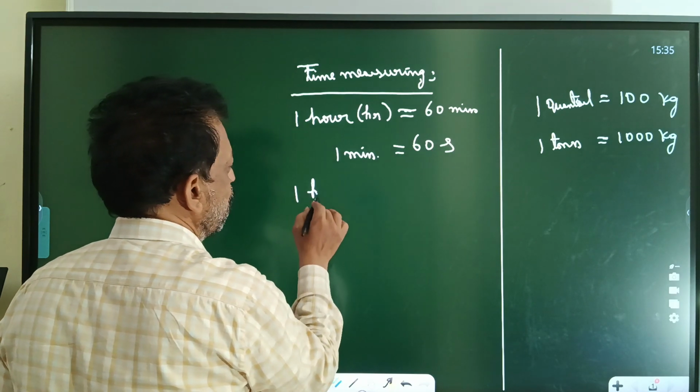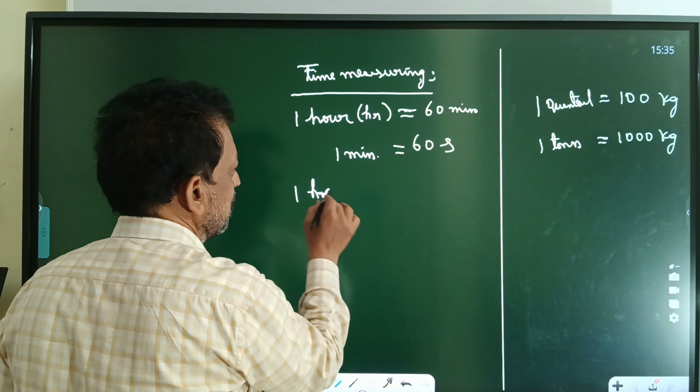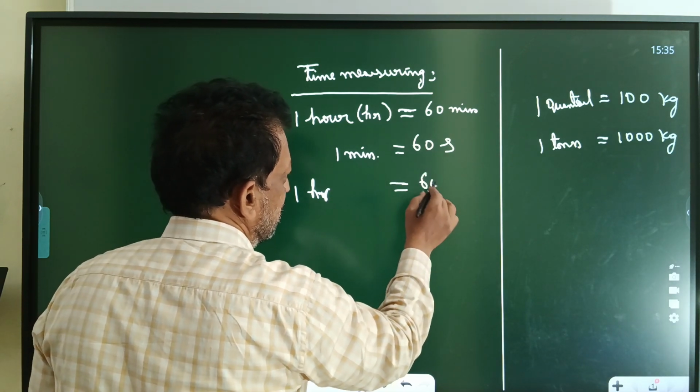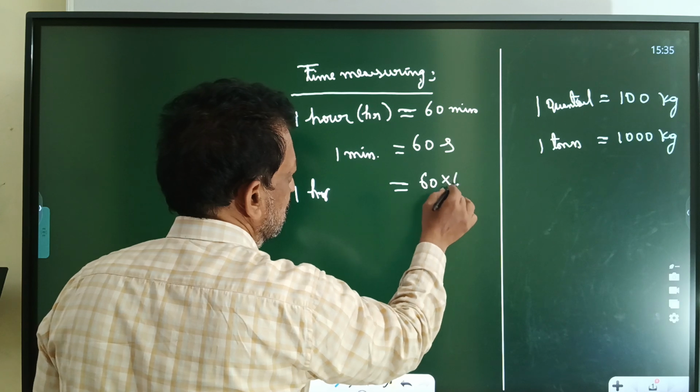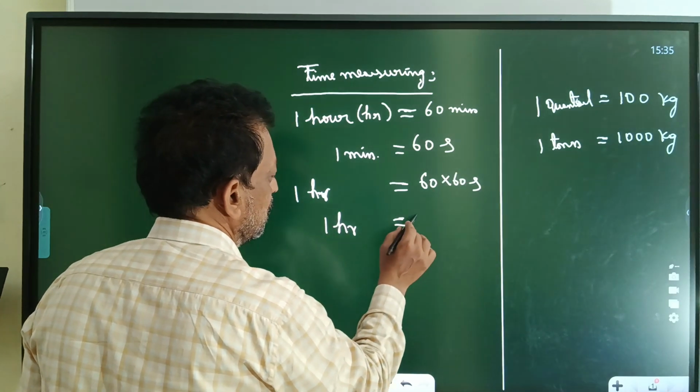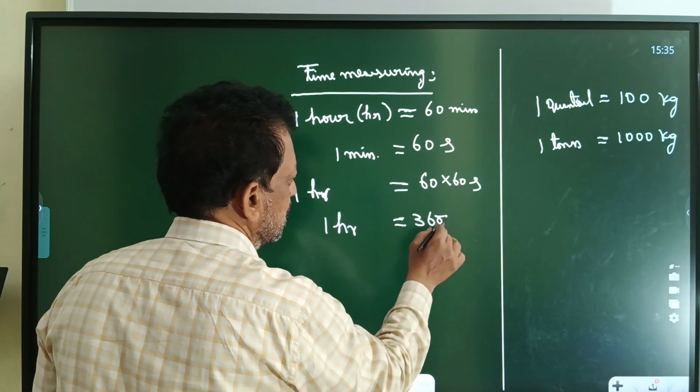Therefore, one hour is equal to 60 into 60, that is 3600 seconds.